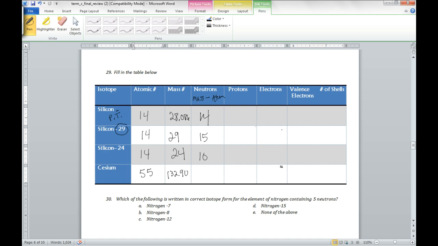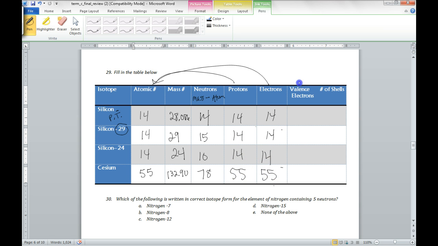And then we can round this to 133 minus 55 is 78. Now, protons and electrons are the same as atomic number, so these are the same. Don't forget that. So it'll be 14, 14, 14, 14, 14, 14, 55, 55, 55.